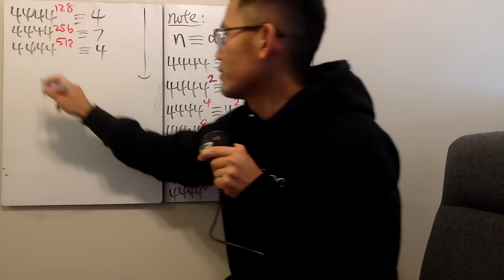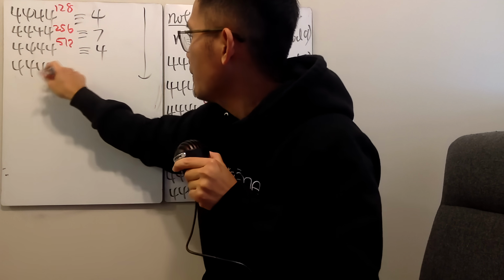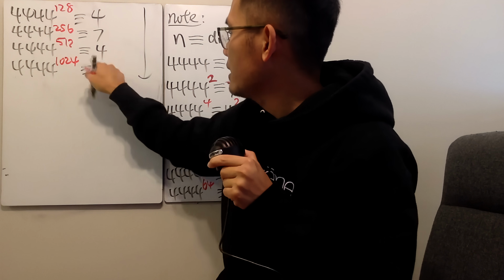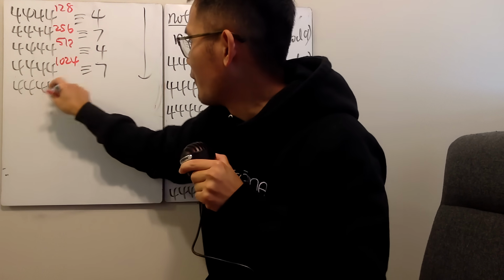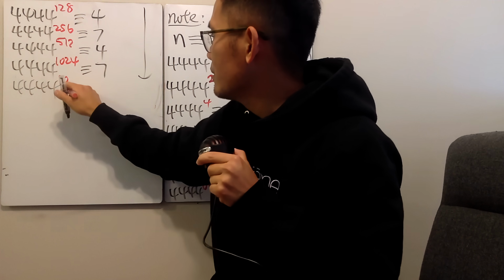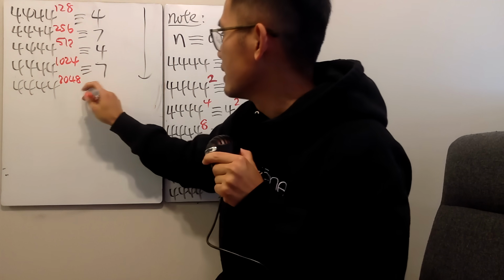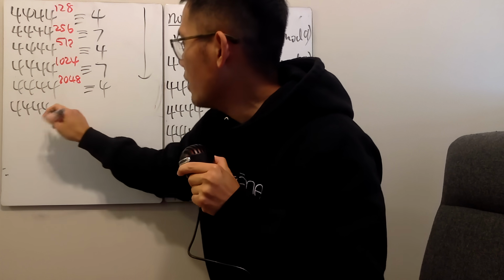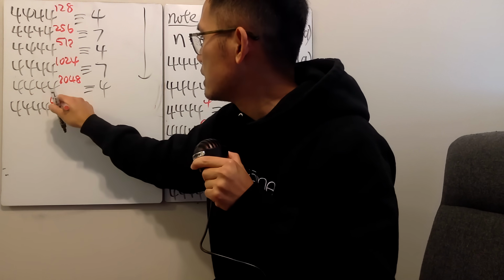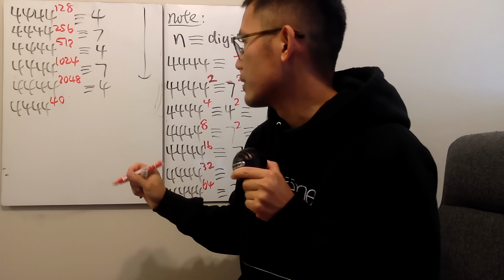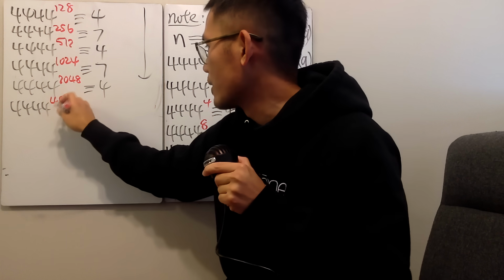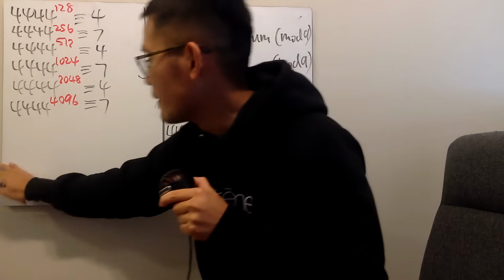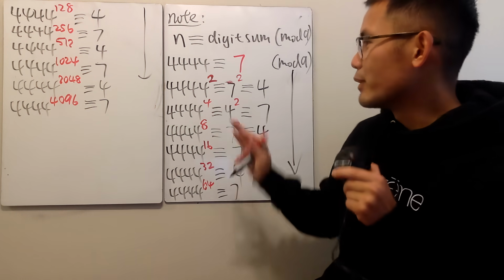And then 4444^1024, which is going to be 7, and then 4444^2048, which is 4. And then one more, 4444^4096, and that will give you 7. All right, so this is the table that we have.